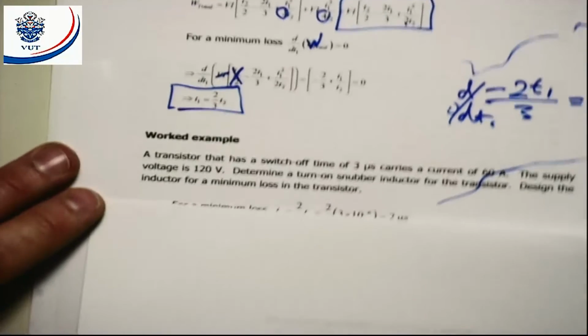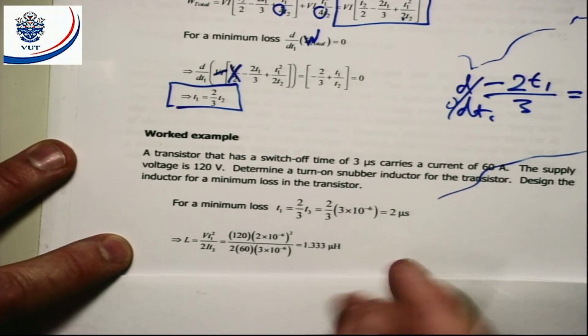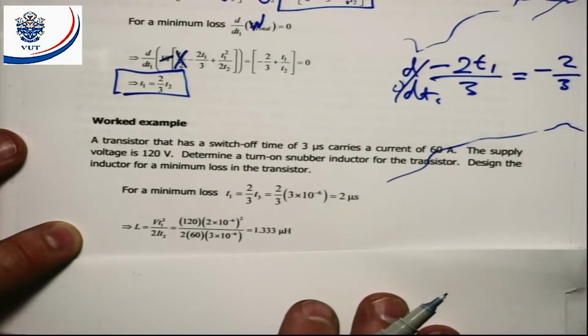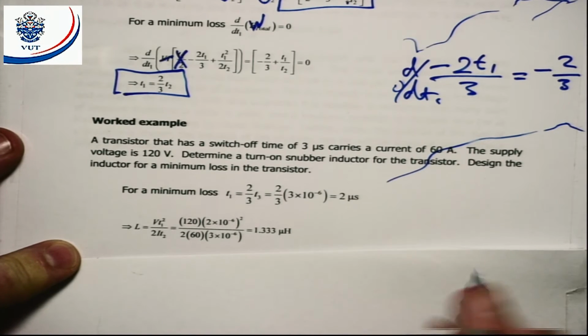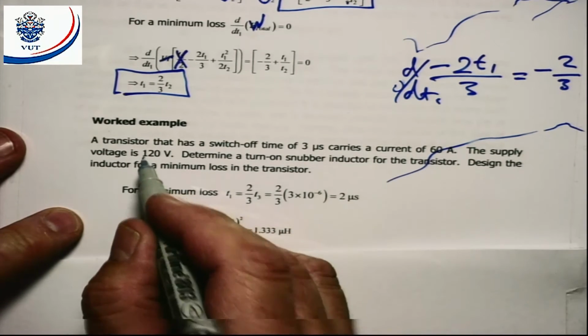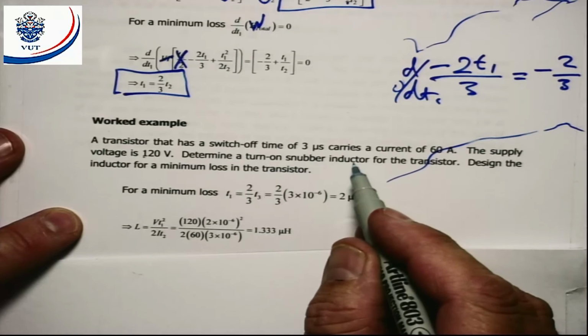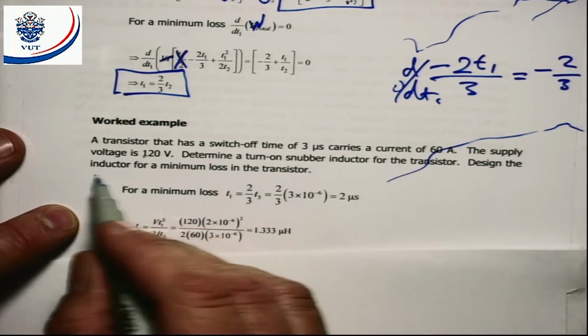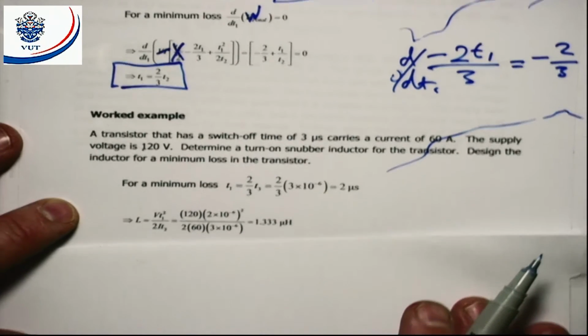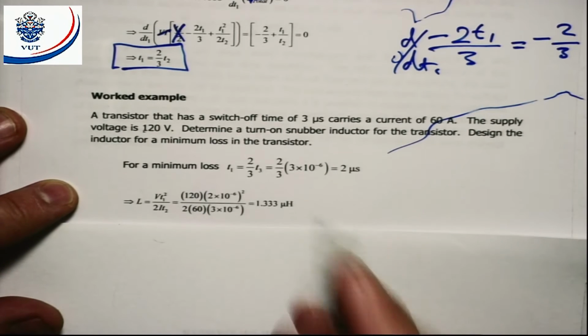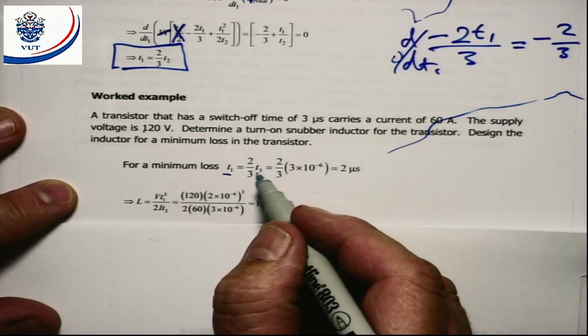So, worked example: a transistor has a switch off time of 3 microseconds and carries a current of 60 amps. The supply voltage is 120. Determine a turn-on snubber inductor for the transistor. Design the inductor for minimum loss in the transistor. And so we get that T1 is 2 over 3 T3.